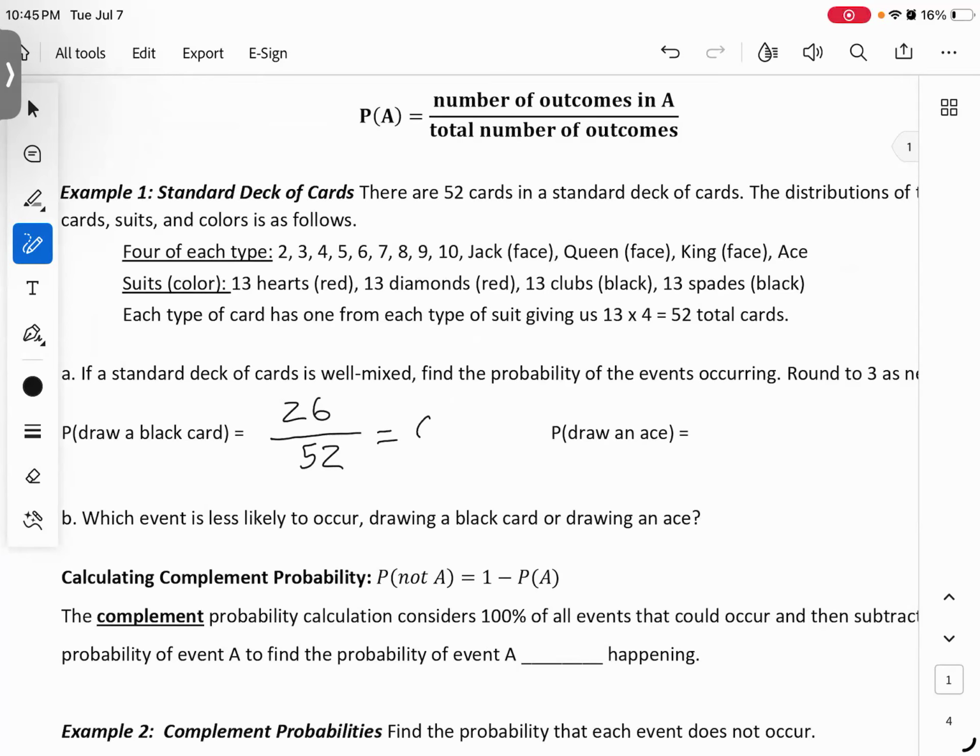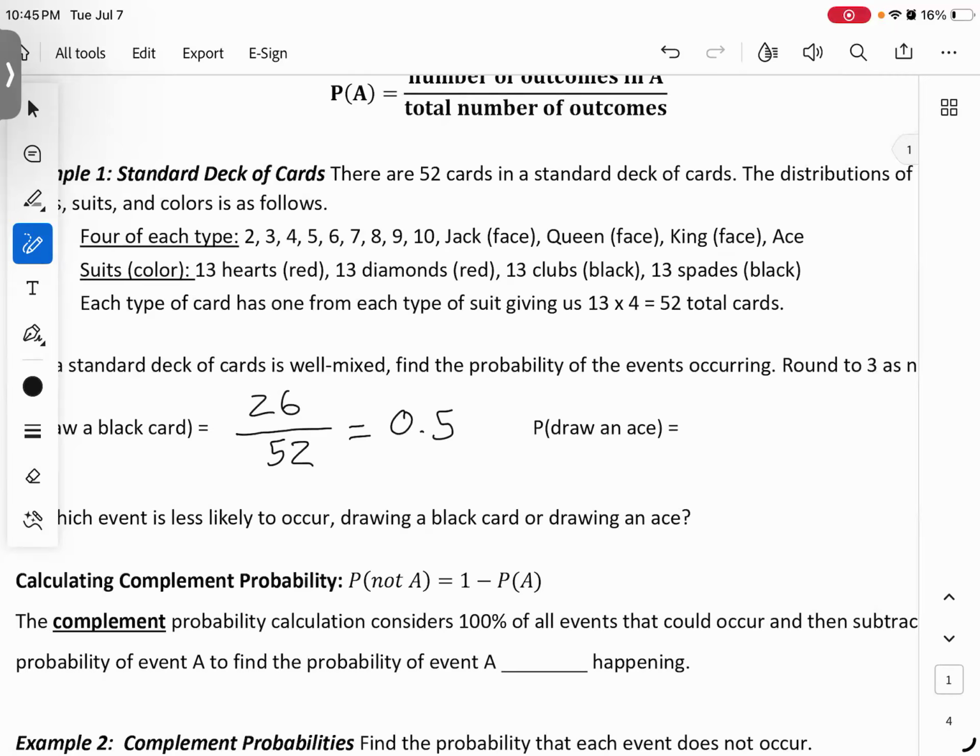Now, as a decimal, which is what we'll do quite often, we're going to start off with the fraction and switch it to a decimal. So there's a 50-50 chance that you could get something black or something red. Then if we think about the probability of getting an ace, there are only 4 of them.